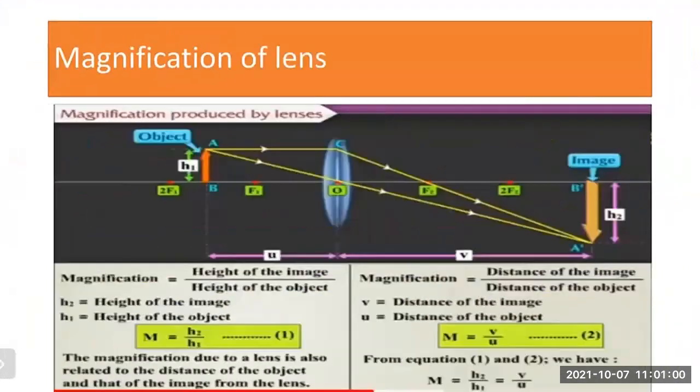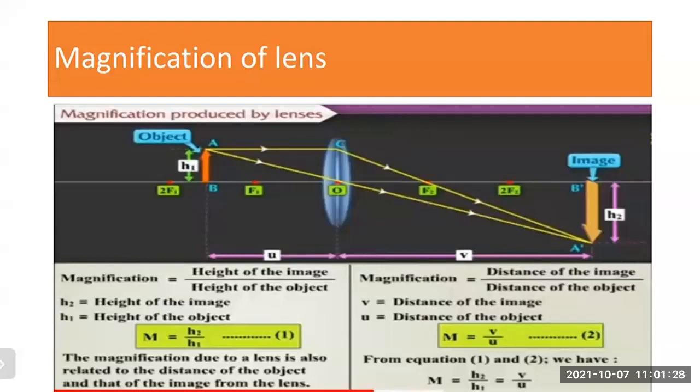Then the magnification of a lens. What is the magnification of the lens? Magnification of the lens is the ratio of the height of the image to the height of the object. H2 is the height of the image and H1 is the height of the object.